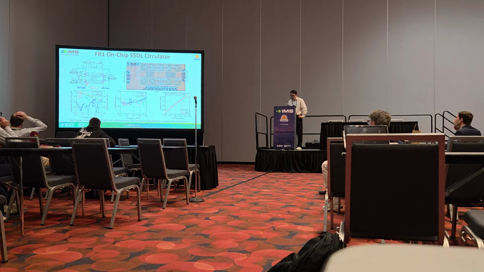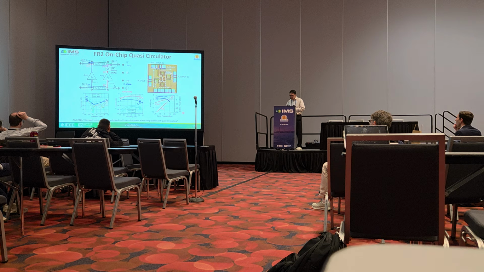We can achieve isolation and transmission. Isolation is around minus 20 dB in these cases, and the power handling, P1dB, is around 5 dBm, which is not yet very high. So people are trying to use gallium nitride or other high-power transistors for higher on-chip power handling circulators.